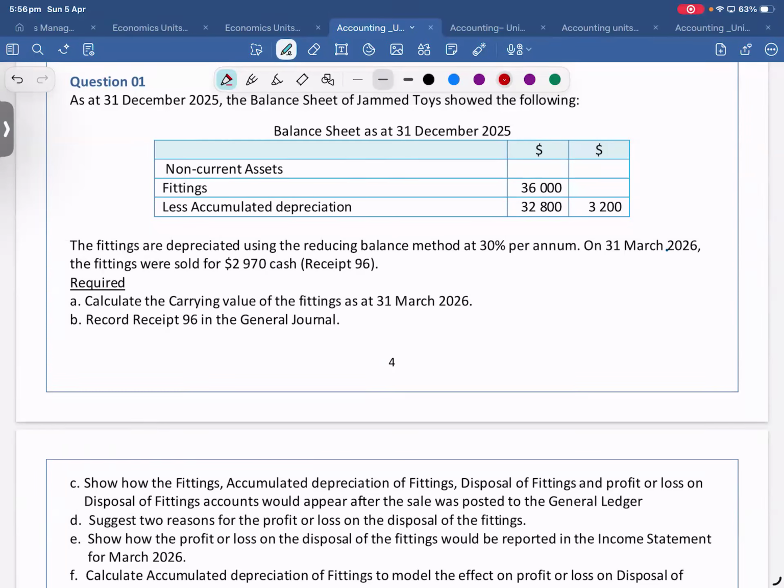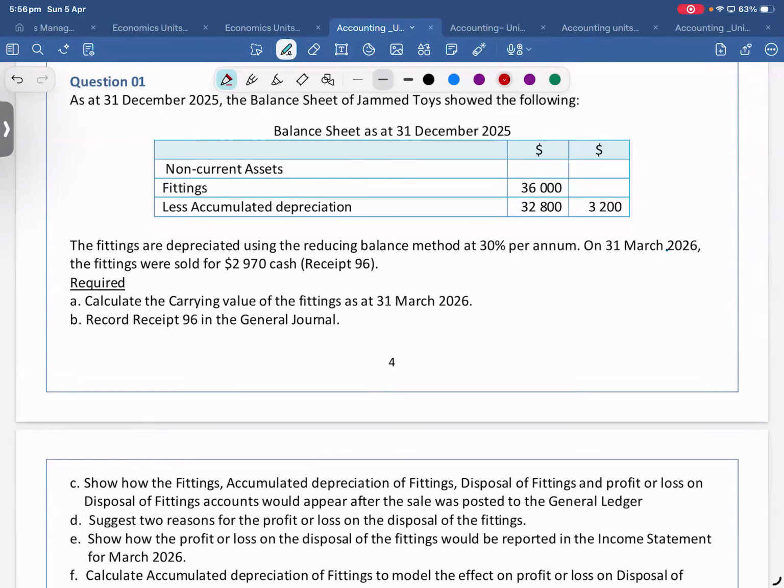So what you do with the reducing balance method is the carrying value times the rate is the depreciation expense. So carrying value times the depreciation rate, if it is a full year. Otherwise we have to calculate proportionately. If it is 6 months, 6 over 12. If it is 4 months, 4 over 12.